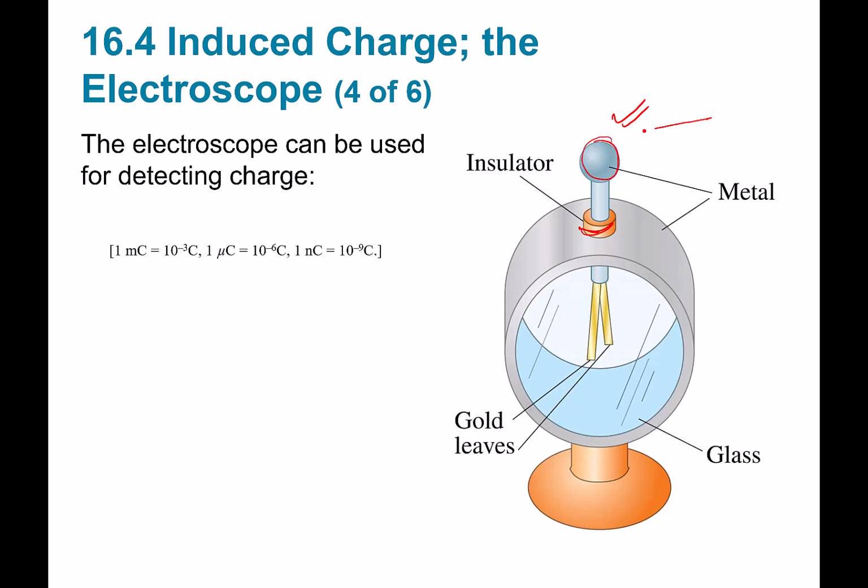We can dump the charge directly over here, and this one gets positive charge as well. Due to repulsion, the positive charge is also sent to these leaves, because of which they diverge. Same way, if we get a negative charge rod, the excess negative charge is dumped here, and because of the repulsion, the divergence is seen in the leaves as well. So you can detect charges with the help of a gold leaf electroscope.